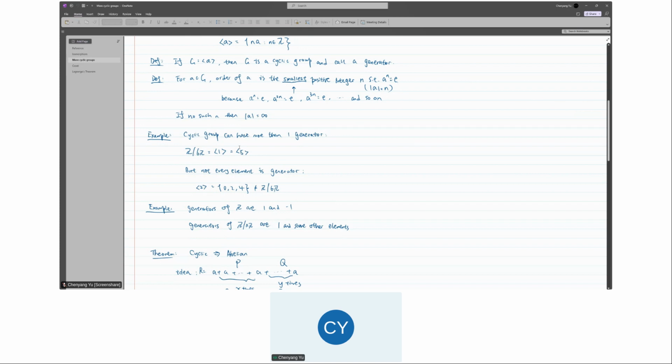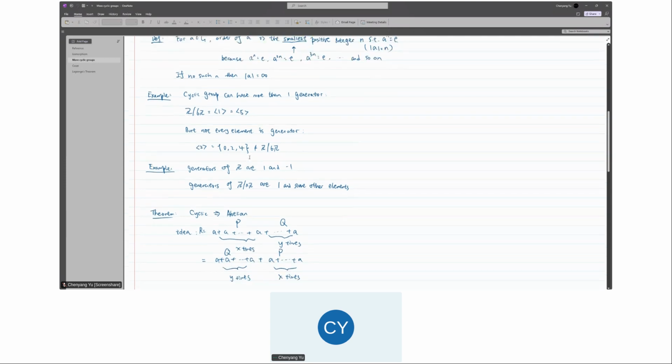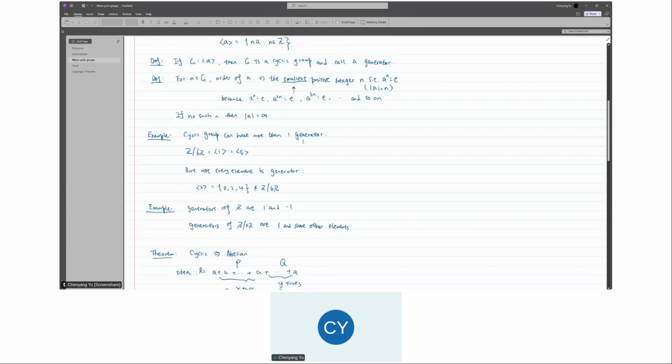Example, I think we covered this last week. A cyclic group can have more than one generator. So for Z mod 6Z, it can be generated by 1. So plus 1, plus 1, plus 1, you reach all the elements here, or you can generate that by 5. So both of them are generators. Generator is not unique.